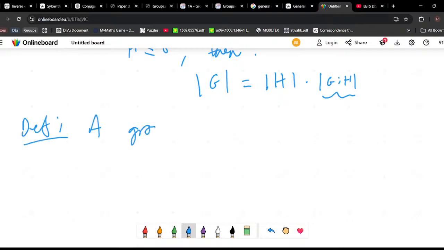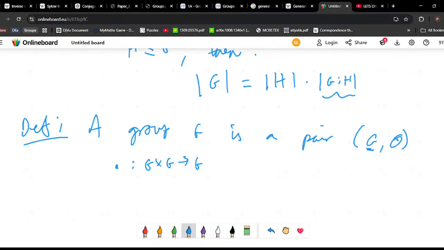A group. I guess we can start here then. A group, G, is a pair. So you have a set G, and you have an operation times, where times just takes in two elements and outputs one. So, for example, addition or multiplication in the integers would be an example.